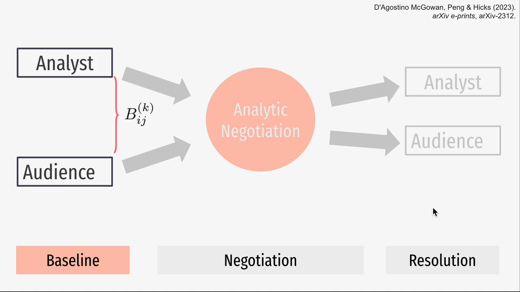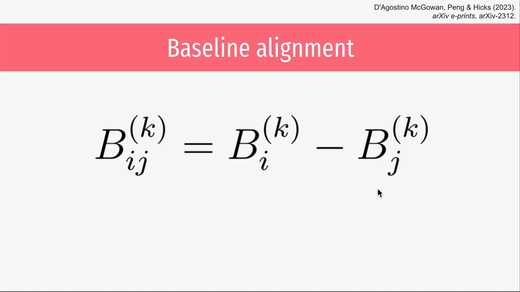We can start here by thinking about the difference at baseline: the difference in allocation of a particular principle between the analyst and audience. Here we denote the analyst as i, the audience as j, and a specific principle as k. We could write this baseline alignment as the difference between the analyst's baseline allocation to principle k and the audience's.